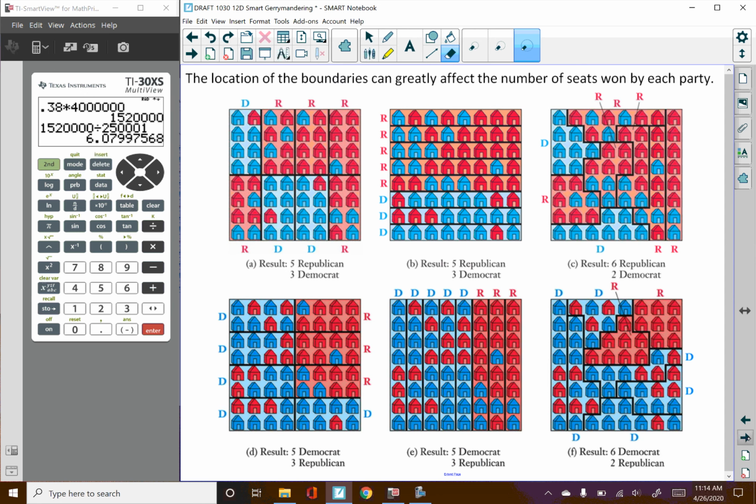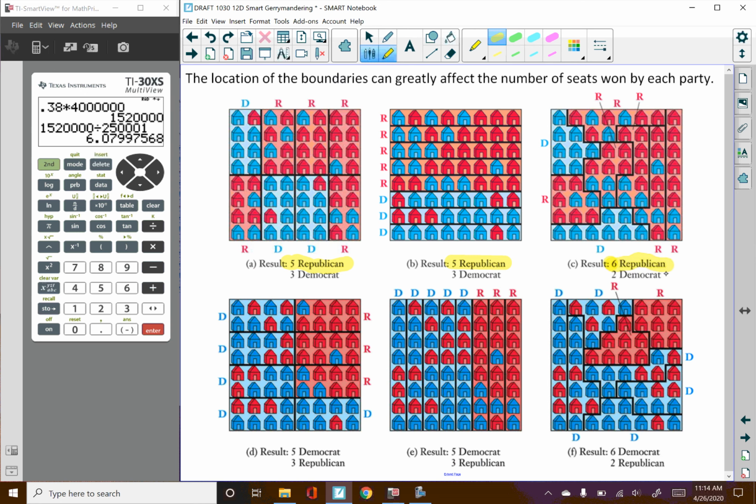So if you were a politician in charge of drawing and you wanted Republicans to win the majority, you absolutely could. You could have them win as many as 6 in this case, just depending on how you draw.